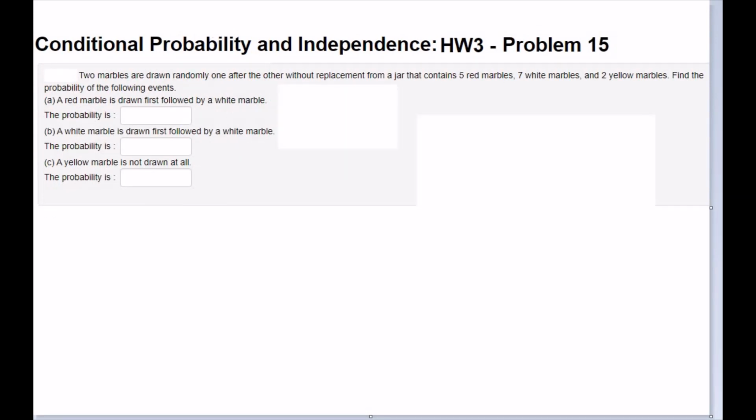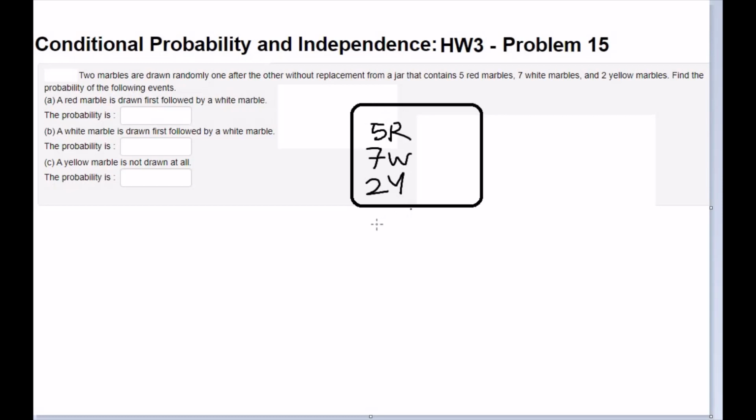Problem number 15. Two marbles are drawn randomly, one after the other, without replacement, from a jar that contains 5 red marbles, 7 white marbles, and 2 yellow marbles. Find the probability of the following events. First of all, we have a box that contains 5 red, 7 white, 2 yellow, total 14, and without replacement.